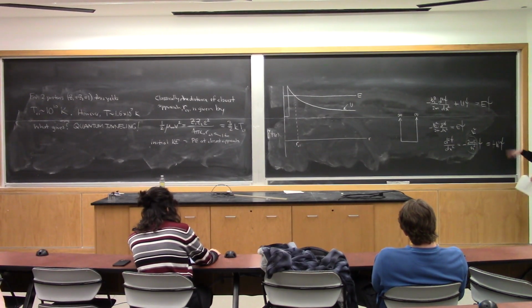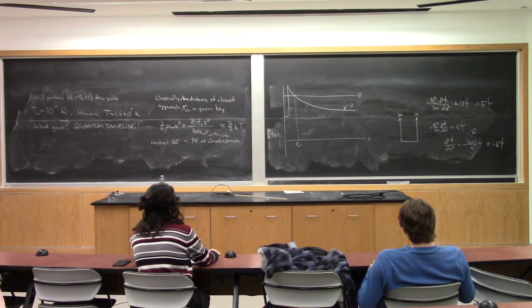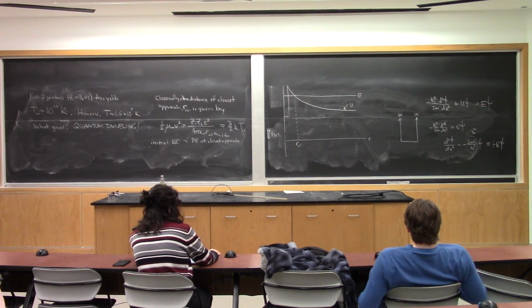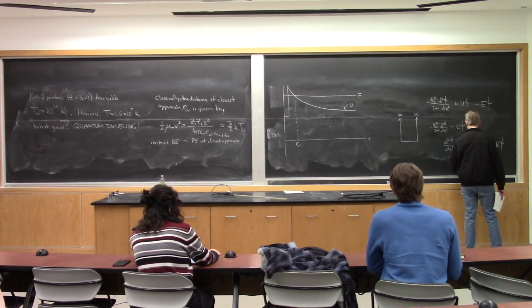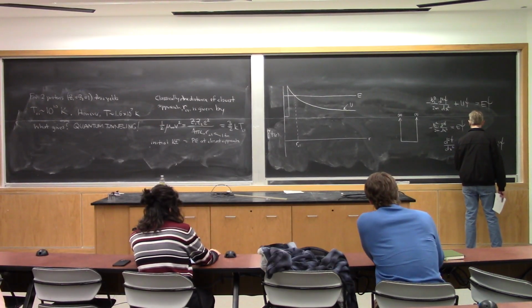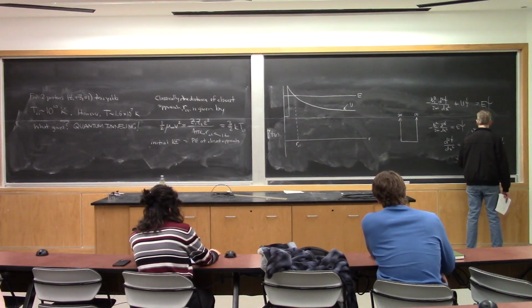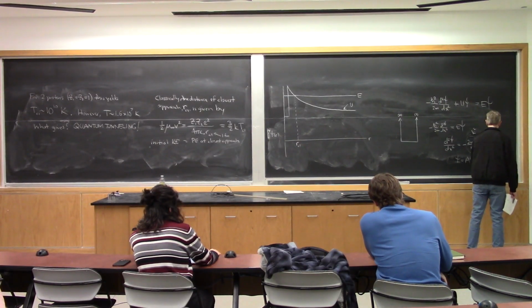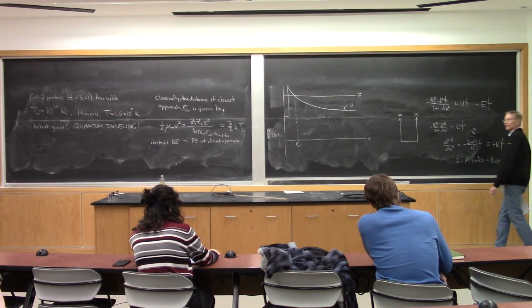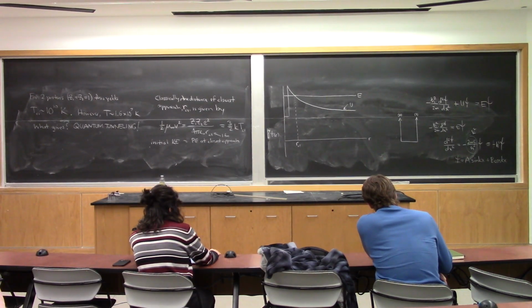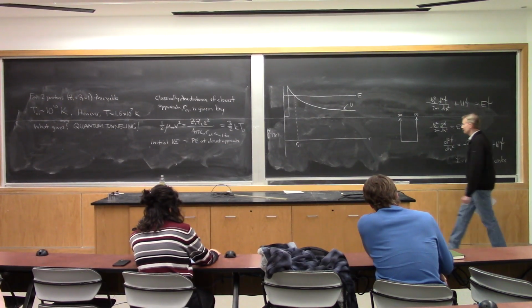This looks a lot like the harmonic oscillator equation. There it's just in time instead of in space. The solution of this is a constant times sine kx plus another constant times cosine kx, right?